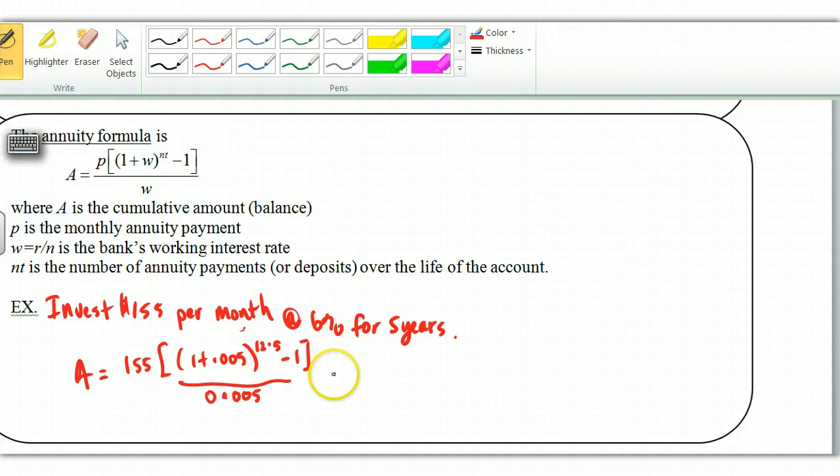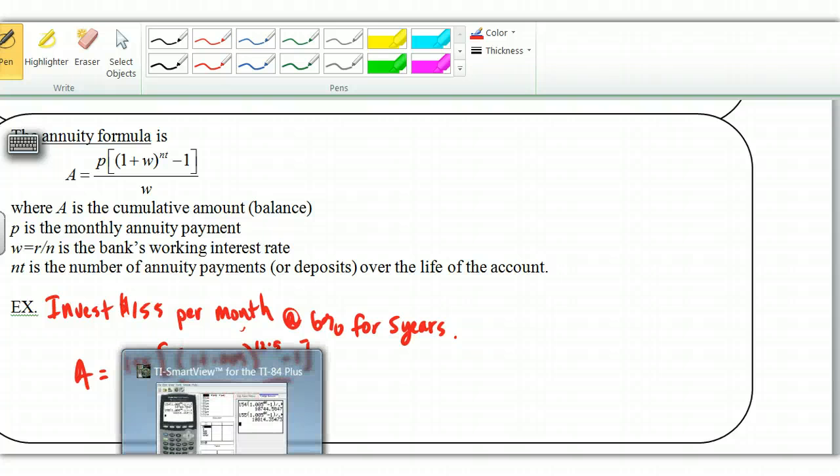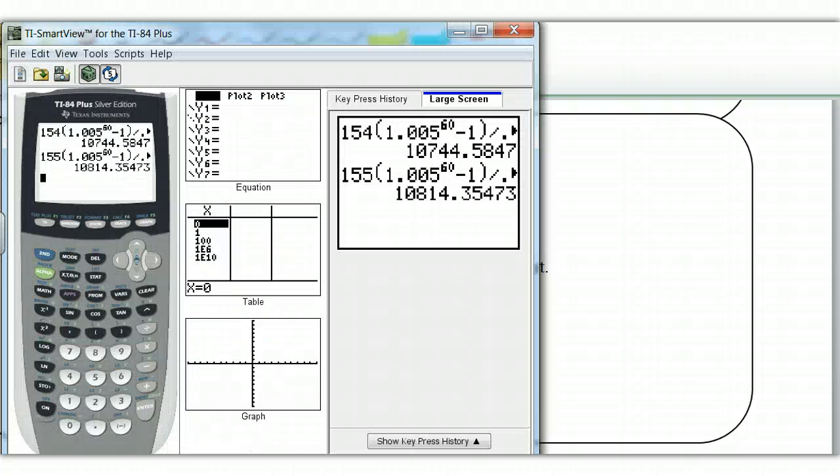And if I calculate this, which I did go ahead and do, what'd you guess? Well, we got $10,814.35, which is a tidy little sum for 5 years. So any amount that you can save per month will make a little bit of difference.